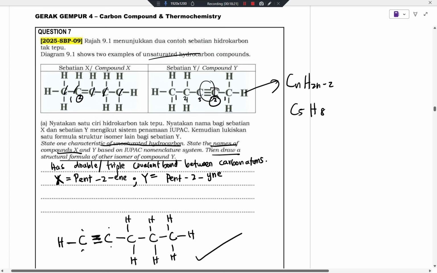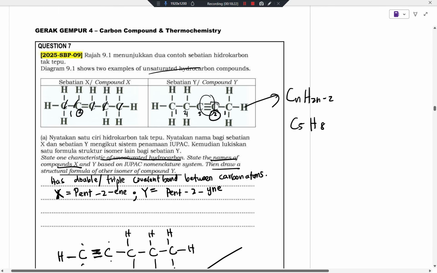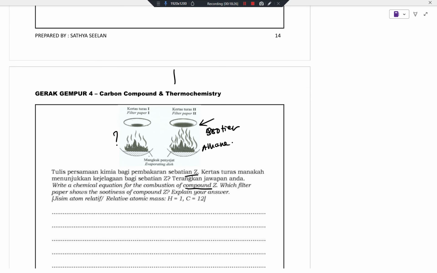Compound X should be pentene. Okay, they are comparing pentene versus pentane. Okay, need to read the question carefully. So which filter paper shows compound Z? Okay, so first we will do the calculation of percentage of carbon by its molecular mass. This one is for compound X.